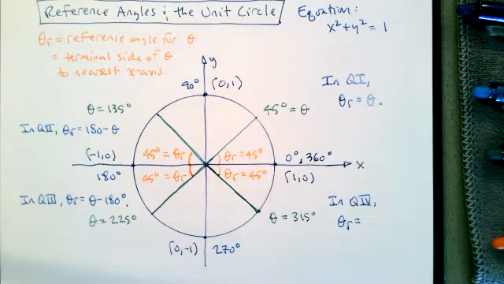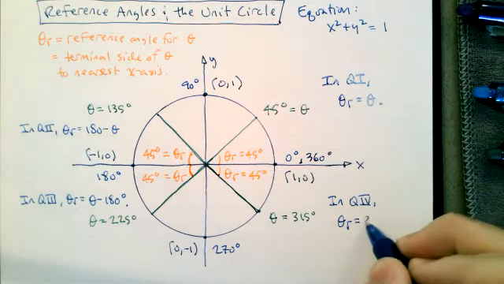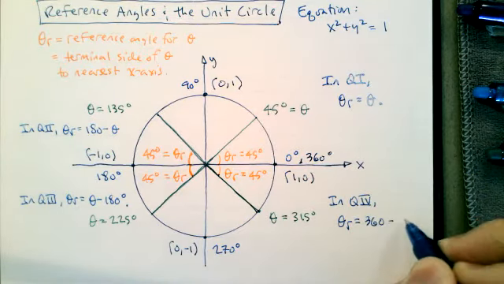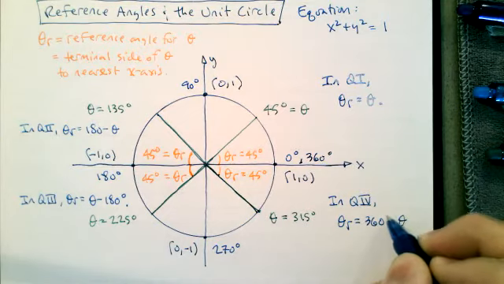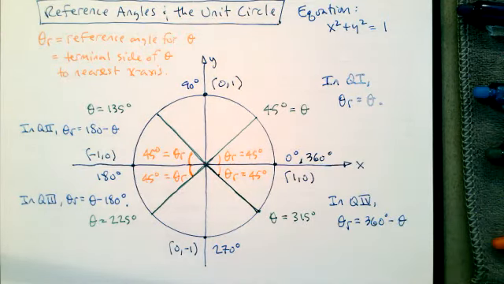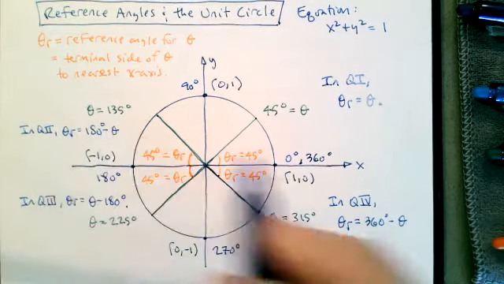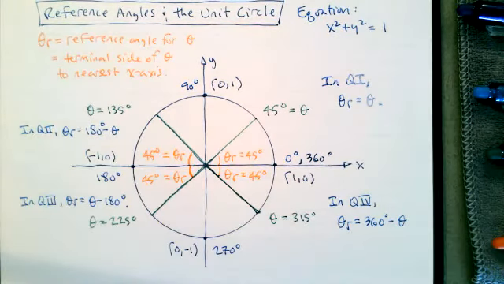So we'll do like we did in quadrant 2. We'll do 360 minus theta, because we will need to continue going in that positive direction to get to the positive x-axis. So we have to subtract 360 minus how far we've gone, that's what we have left to go.